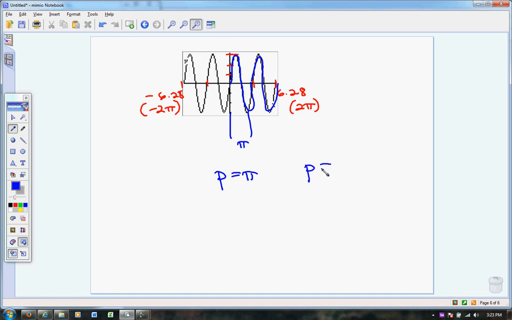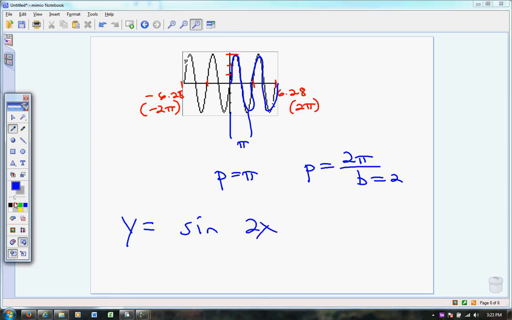Remember, the period is always found by doing 2 pi over b. So if the period is pi, then b must be 2. So if I'm getting ready to write this function, it must be y equals sine of 2x, and then the amplitude is 3.